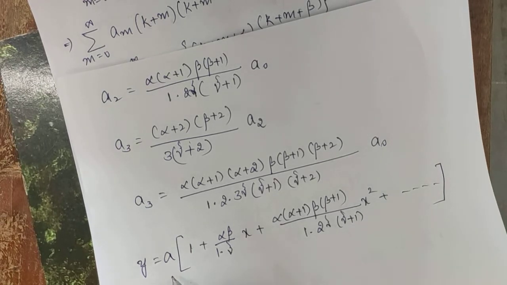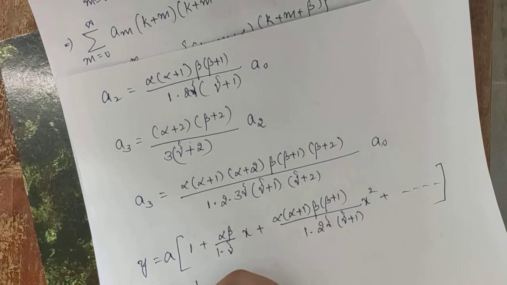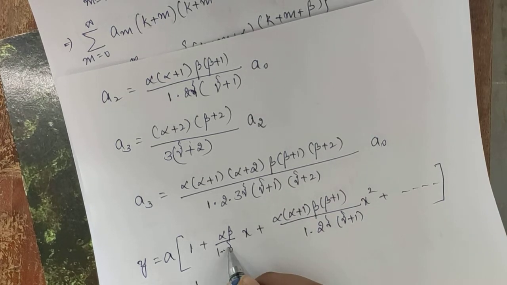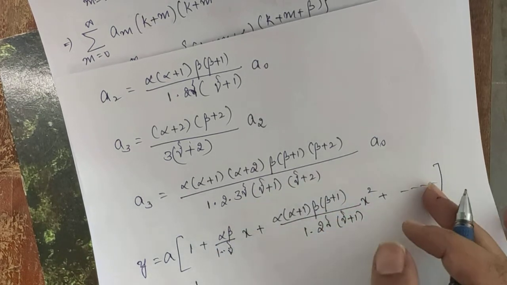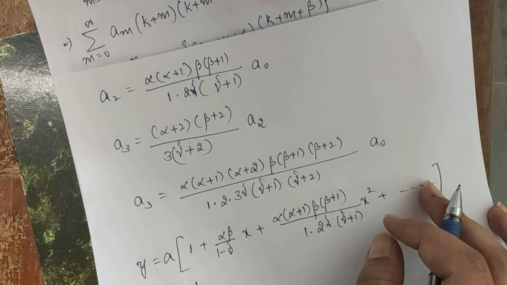right? So if I consider a is equal to 1, this series on the right hand side will become hypergeometric series.